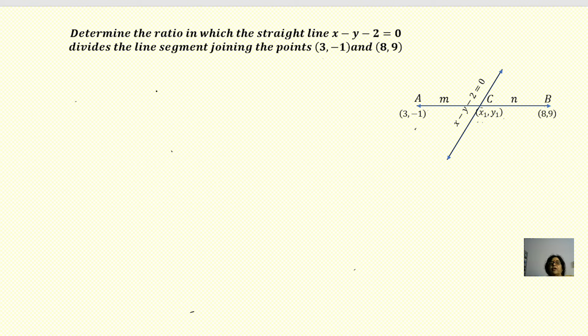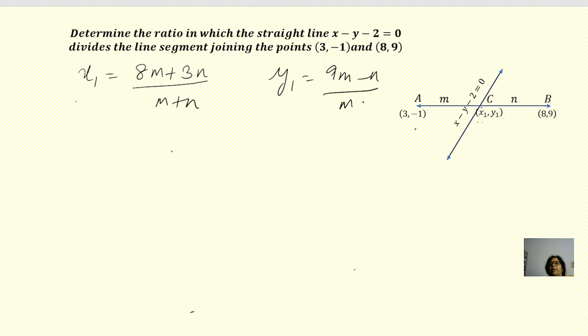So first of all, we are going to write down the values of x1, y1 in terms of m and n using the section formula. So x1 will be equal to (8m plus 3n) by (m plus n), and y1 will be equal to (9m minus n) by (m plus n). So now we get back to the equation of the line x minus y minus 2 is equal to 0.